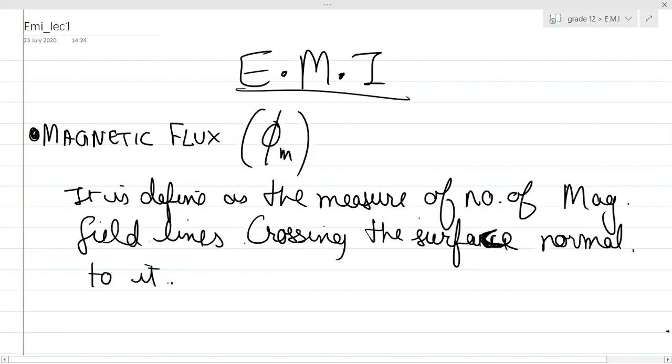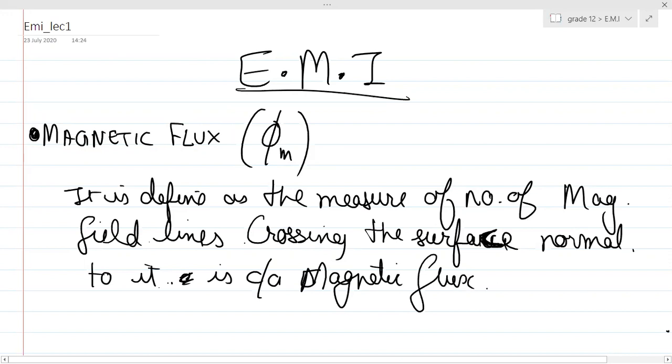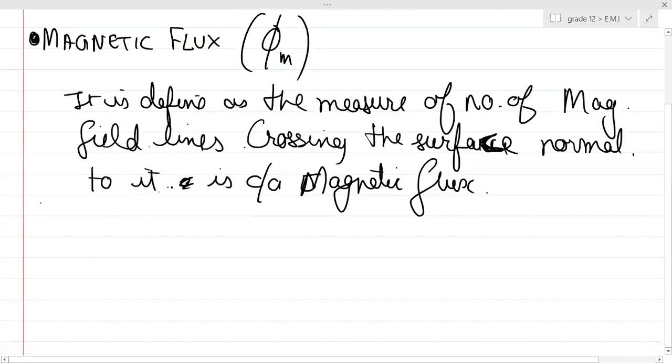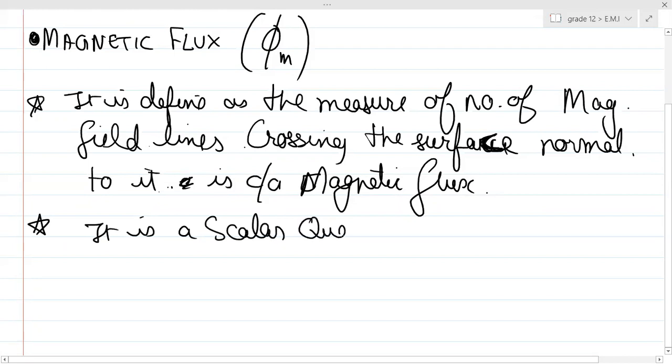They are crossing the surface, but perpendicular to it. This is called magnetic flux. Is this clear, guys? This is the definition. It is a scalar quantity. It can be positive, negative, as well as zero.